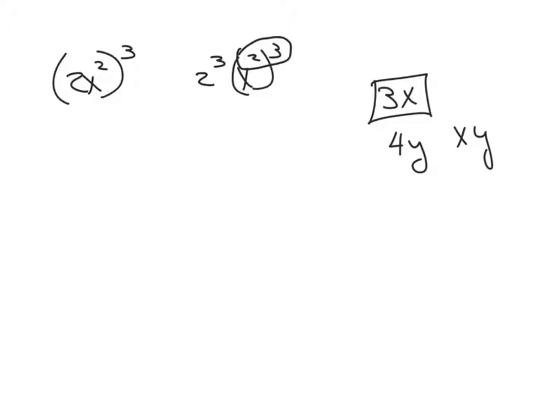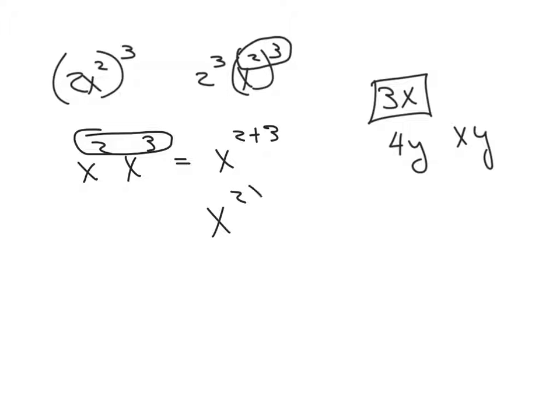Okay, let's just make it variables. If I had x squared times x cubed, now these are side by side, that's going to be x to the 2 plus 3. But because I have a parenthesis, and this 3 here is on a different level, it's up higher, we multiply.